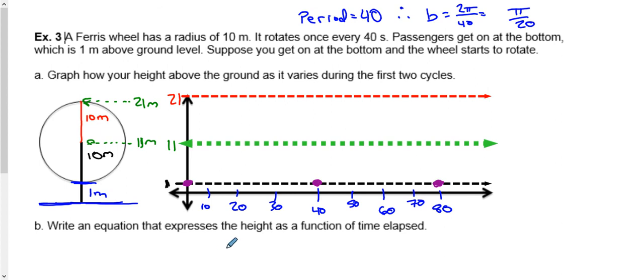I know that halfway up, I should have been between 0 and 40. Halfway was 20. I should have been at my peak, should be at my max there. Between 40 and 80, my peak, my max here would have been around 60. So that means at 10, I should have been halfway up, and at 30, I should have gone halfway down. At 50, I would have been halfway up, and at 70, I would have been on my way down, halfway down. There we go.